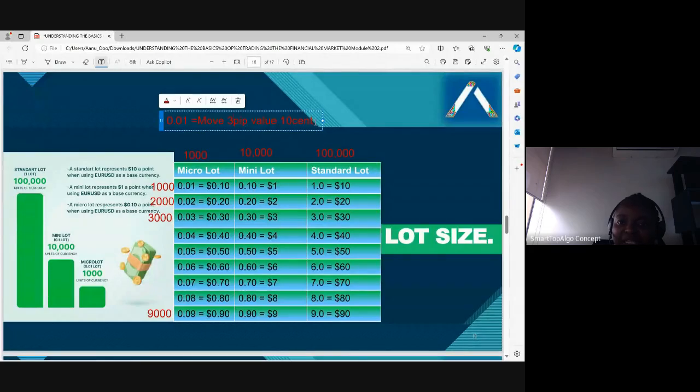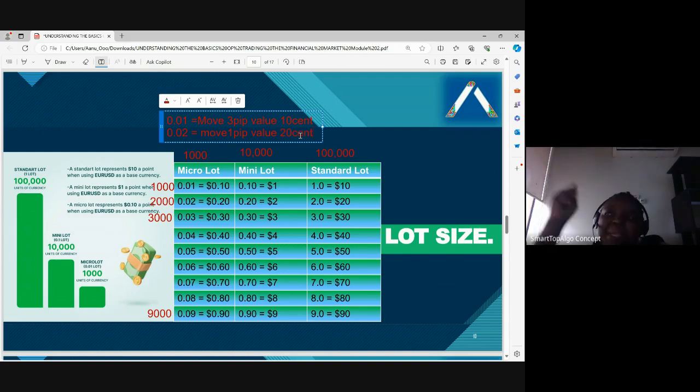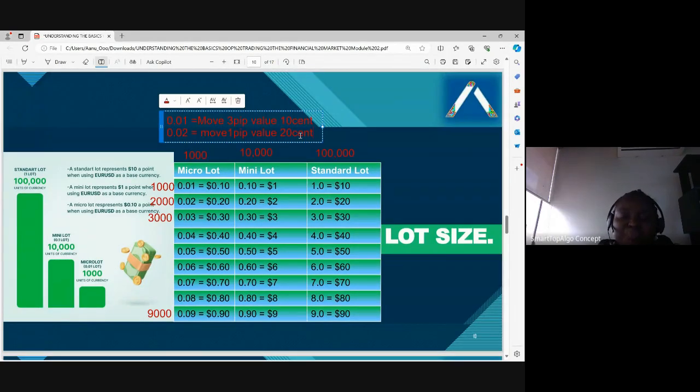Now, if I decide to use $2,000, which is 0.02, and price goes my direction 1 pip, the value for this 1 pip is 20 cents. So for every pip movement, if I use 0.02, it is 20 cents. If price goes 1 pip, 20 cents. If it goes 2 pips, 40 cents. If it goes 3 pips, 60 cents. If it goes 4 pips, 80 cents.